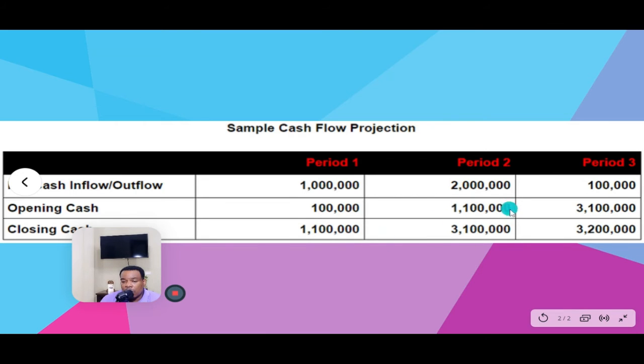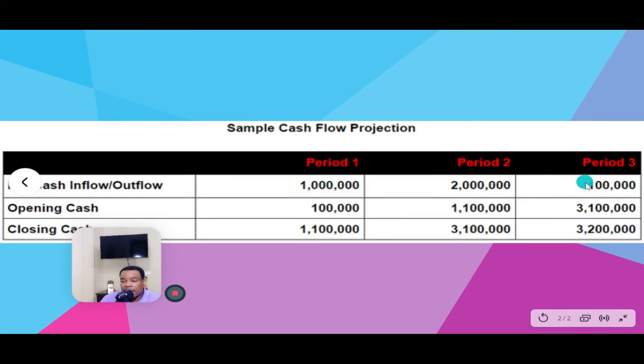This opening cash comes from my closing cash from period 1. So all told, at the end of period 2, my cumulative cash would be 2 million plus 1.1 million to give me a cumulative balance of 3,100,000. Alright, so I hope everybody is following that.